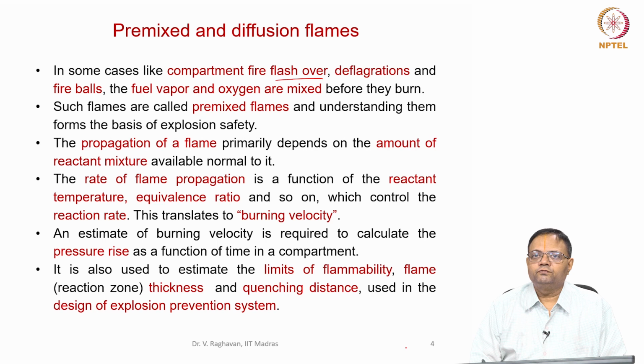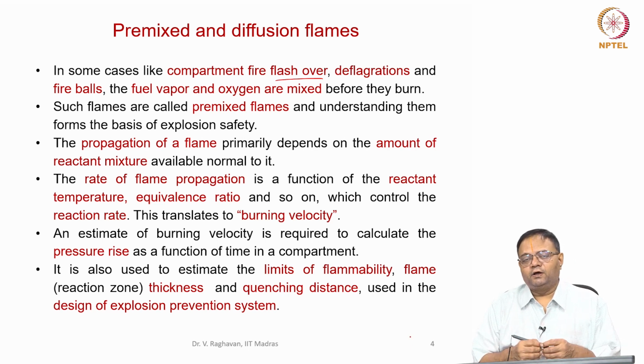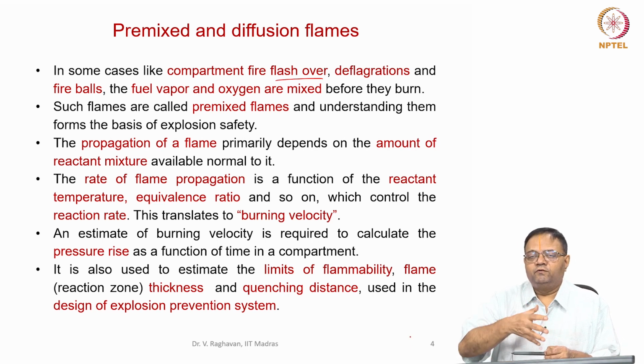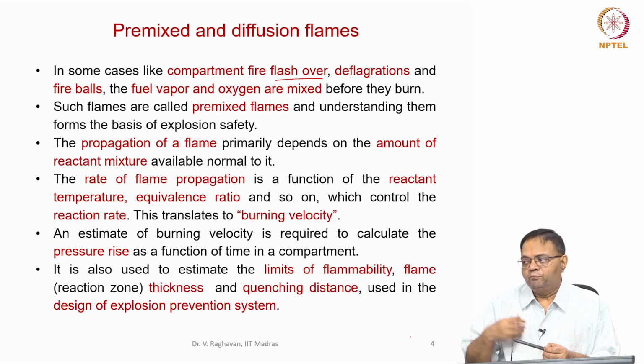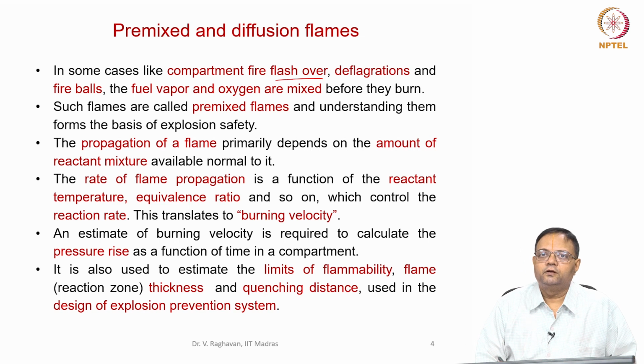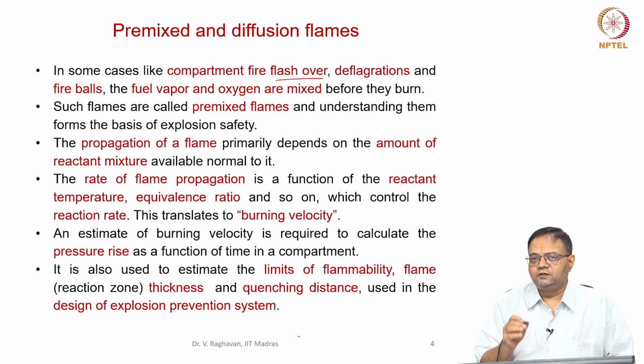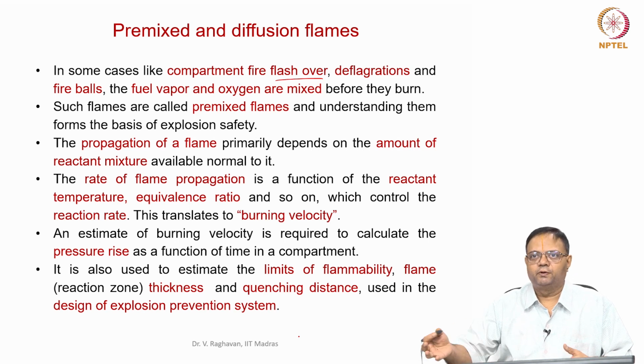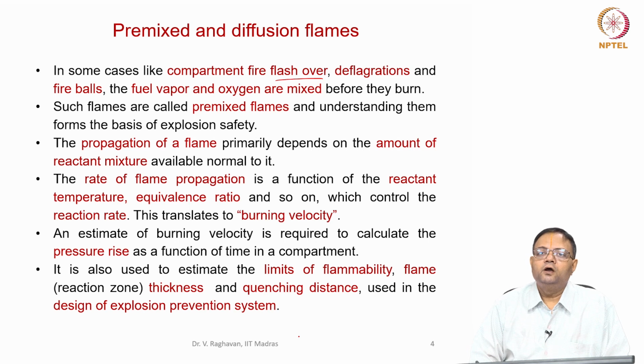Now, what happens if the heat causes pyrolysis alone in the next commodity? For example, one commodity is burning in a room, and the heat release from this burning commodity causes pyrolysis in the next, neighboring material, where the fuel vapors are first released.